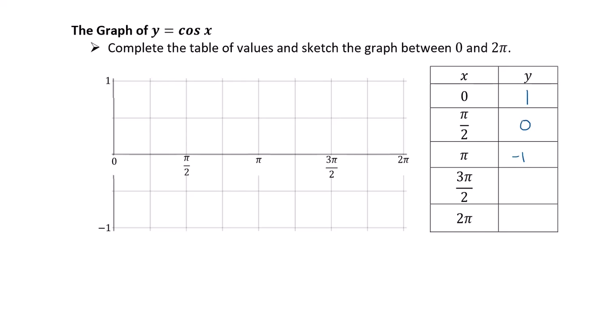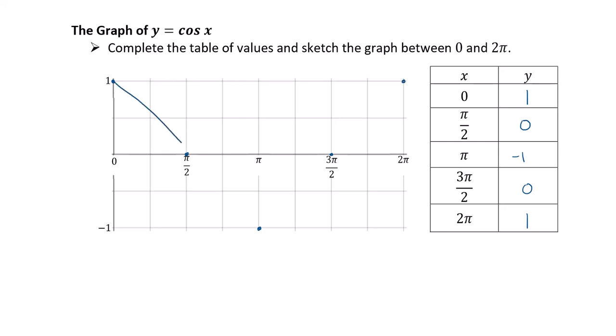The cosine of 3 pi over 2 is 0, and the cosine of 2 pi is 1. Now we have our 5 key points we can graph. 0, 1, pi over 2, 0, pi, negative 1, 3 pi over 2, 0, and 2 pi, 1.